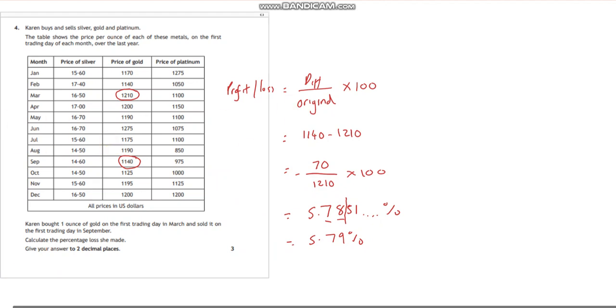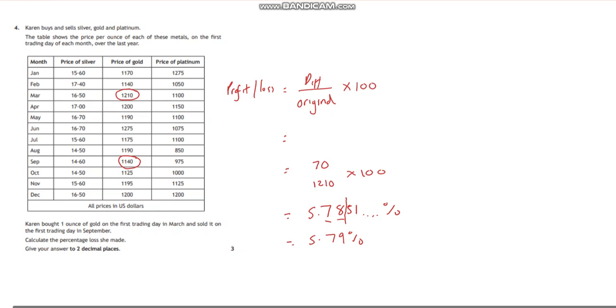So difference over original, if you've not heard of that, it's a really easy way of working out profit and losses. And in this case, look how big it looks like. It's going to be a really complicated question, but it's not. It's a 2-second job. That difference over original. Okay. So she's lost £70 on 1,210. You could have made that the other way around if you wanted. And actually it's the way I usually do it.